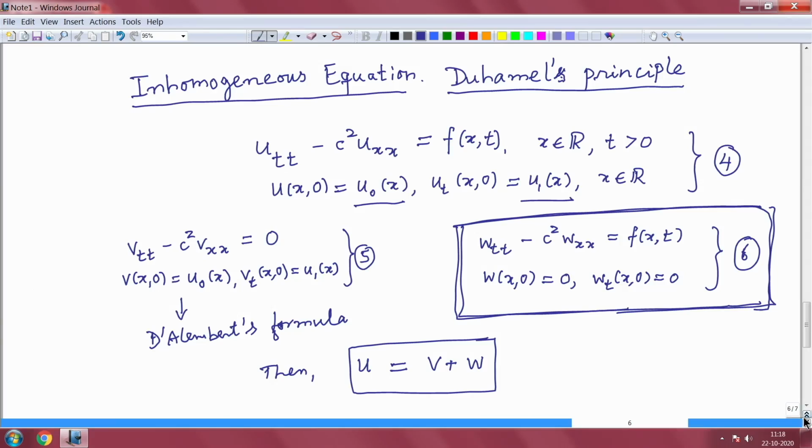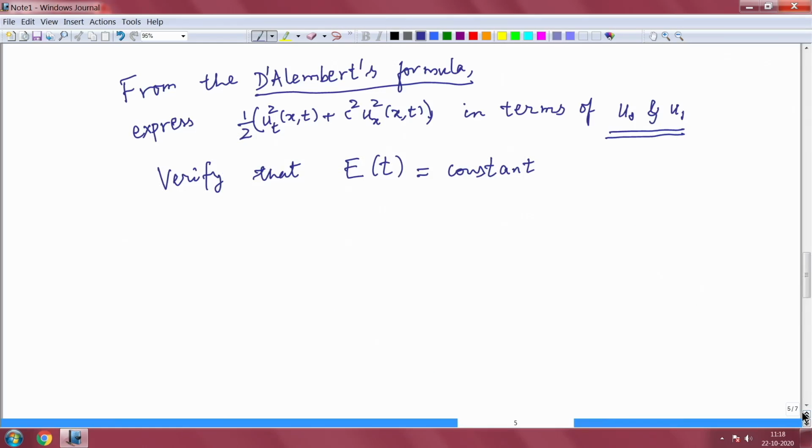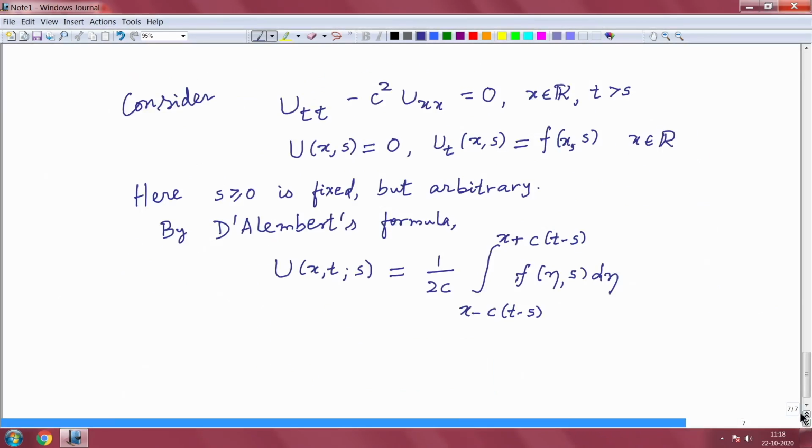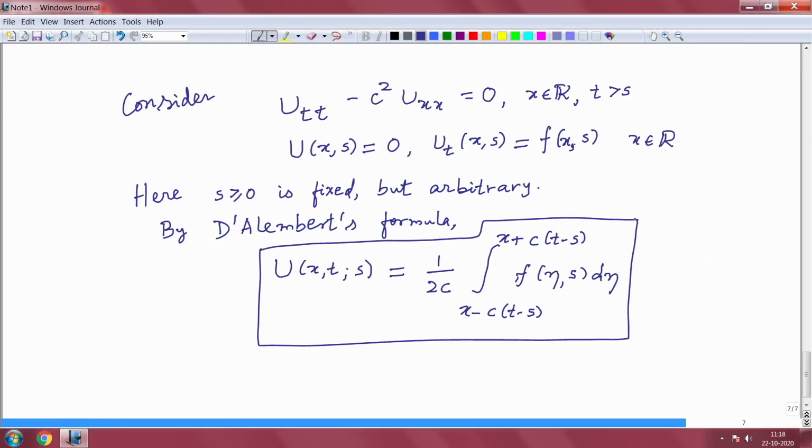So, that W is given in terms of this U. Okay. So, just remember this U is the solution of this homogeneous equation with these initial conditions.